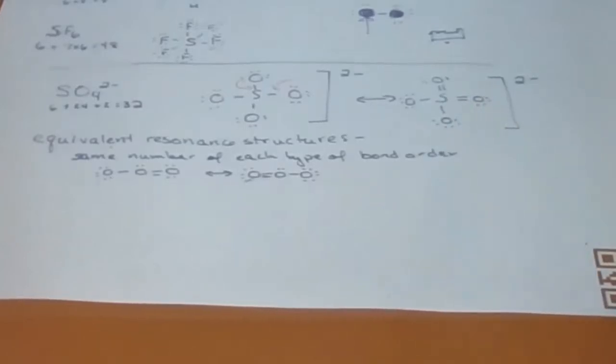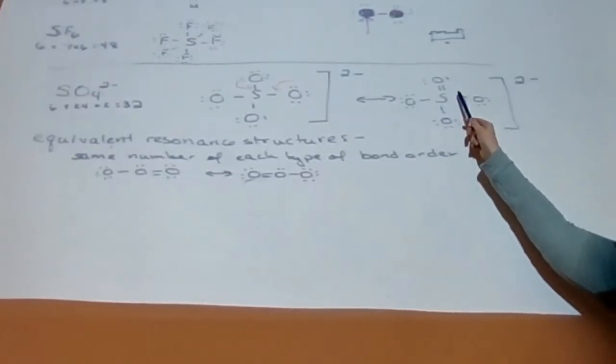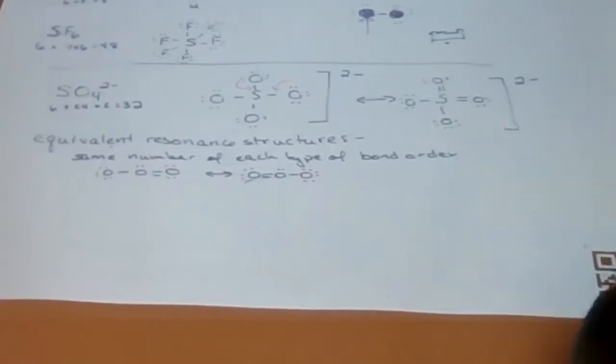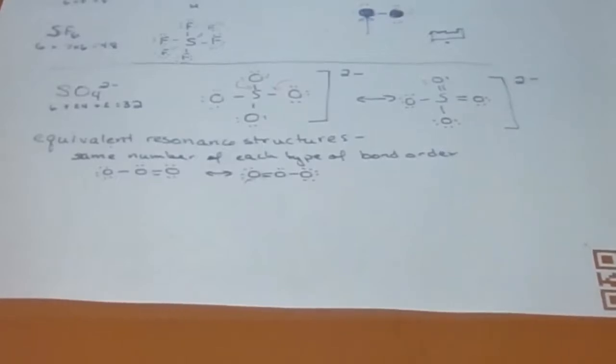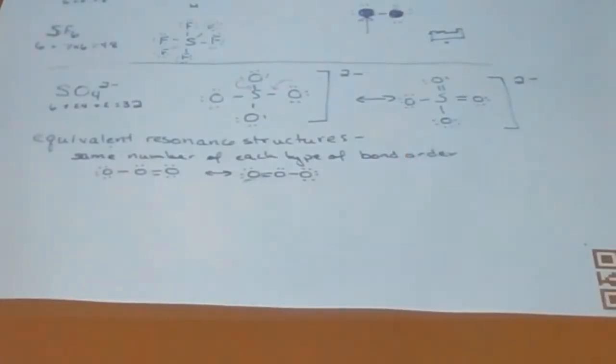So it's satisfied. And the sulfur has 2, 4, 6, 8, 10, 12 electrons. So it's not satisfying the octet rule, but it's allowed to have an expanded octet. We saw with the sulfur hexafluoride that it happens. It turns out that this structure here is more stable.